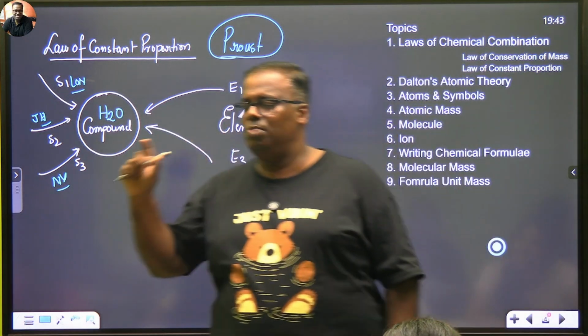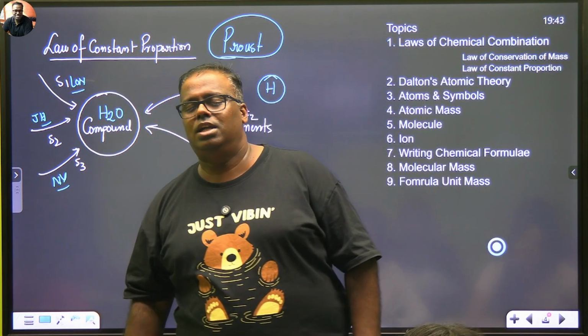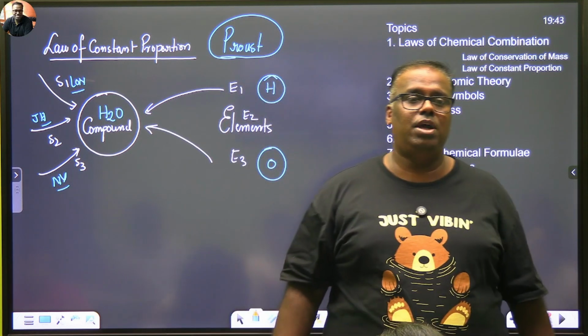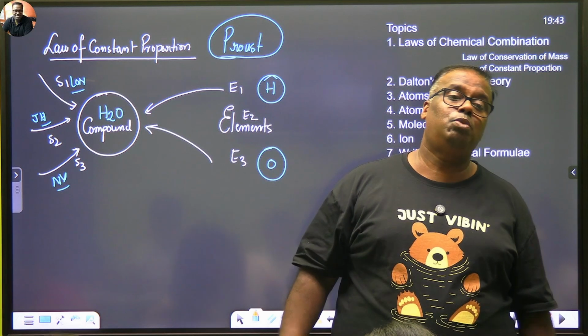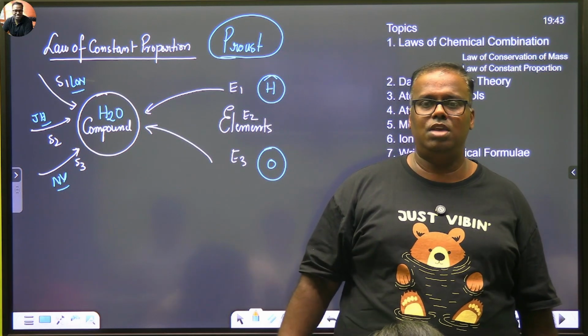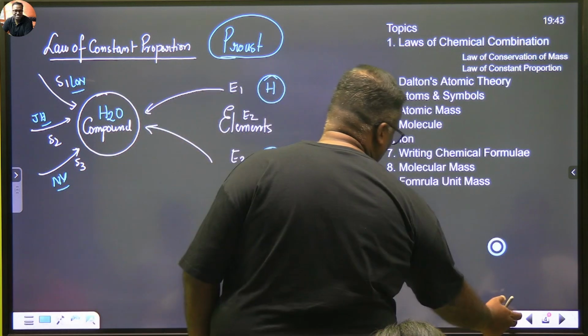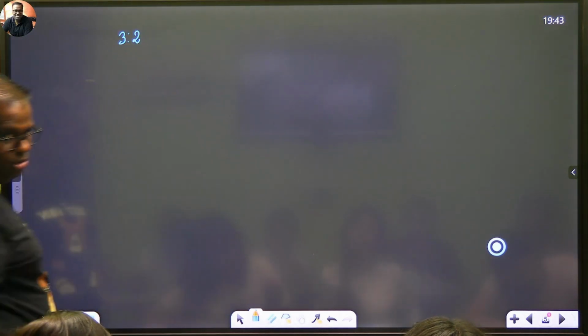The law of constant proportion states that a compound always consists of the same elements chemically combined together in the same proportion by weight. Now you are finding it a little difficult to understand what is proportion by weight. So if you have done some ratio proportion problems, we used to say what? The ratio of boys and girls in a class is 3:2.